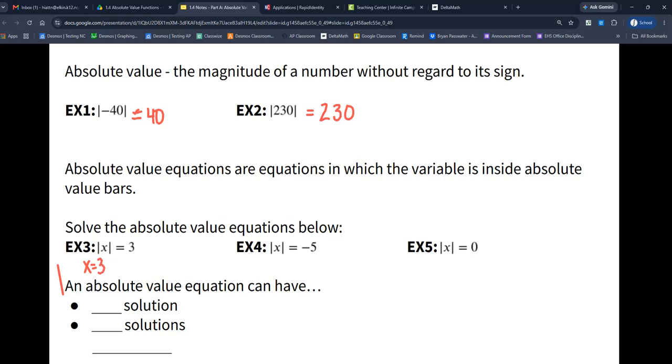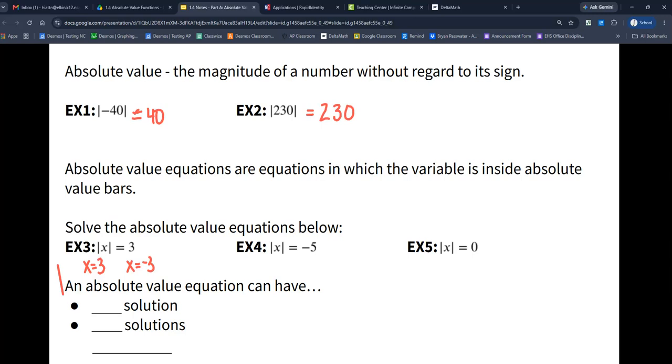And Gage is on top of it today. He's already given me another answer. Because what other number can we plug in? 5. You're on the next problem. I could do a negative 3 right here. You've got 2 answers, right? If you put 3 in, you get positive 3 out. If you put negative 3 in, you get positive 3 out because the absolute value washes away the negative, right?